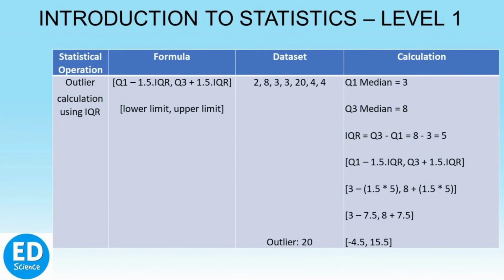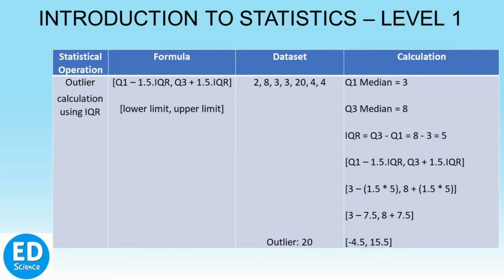So let's see how we can find outliers in our dataset. The formula to find outliers is square bracket open Q1 minus 1.5 IQR, comma Q3 plus 1.5 IQR, square bracket closed, which gives the lower limit, comma upper limit. For the data set 2, 8, 3, 3, 20, 4, 4, we have already calculated Q1 median, which is 3, and Q3 median, which is 8. We have also calculated the IQR, which is 8 minus 3, which equals 5.